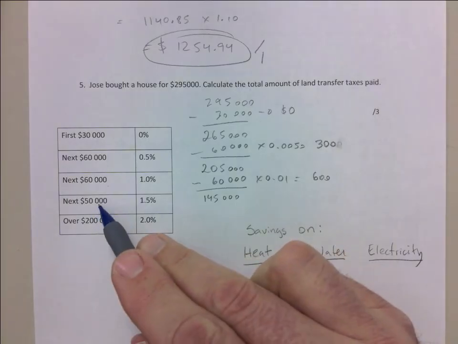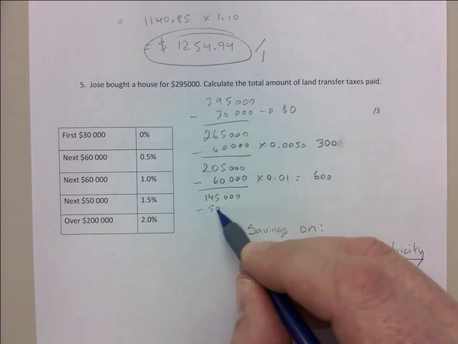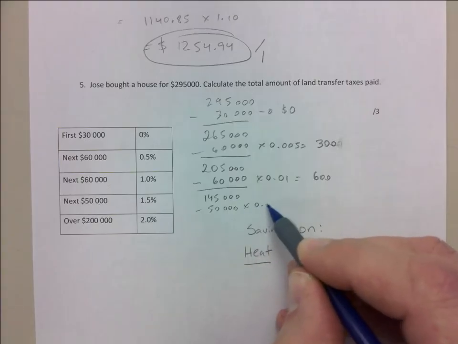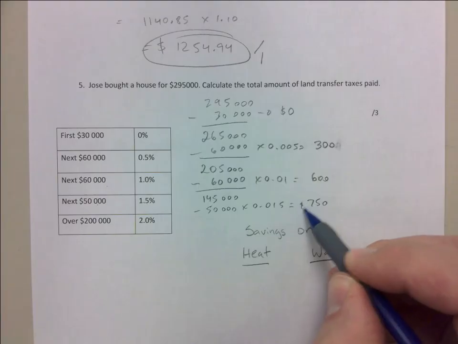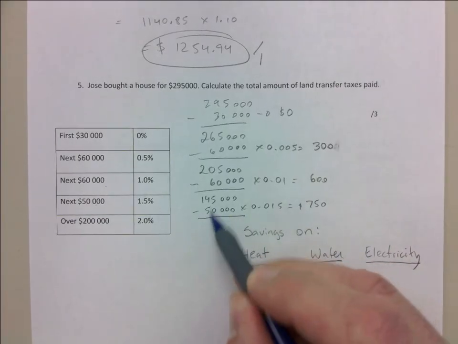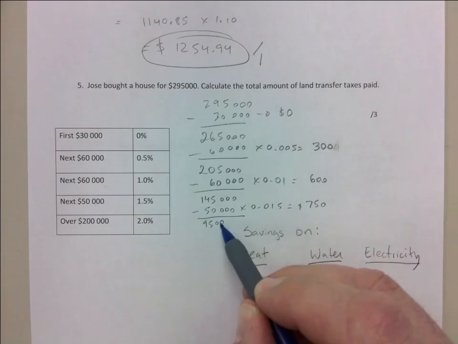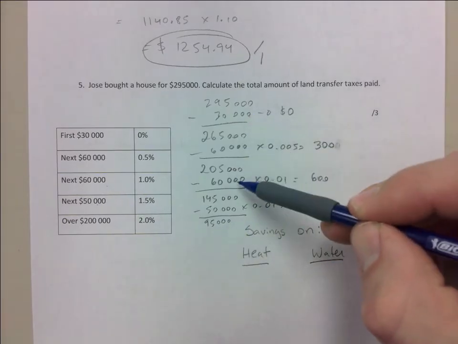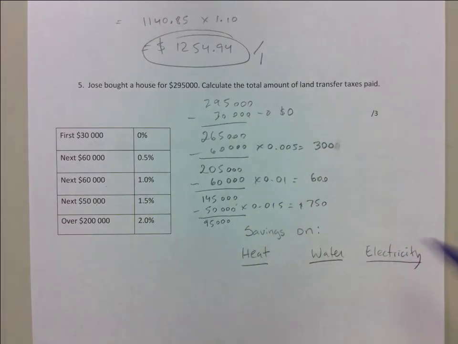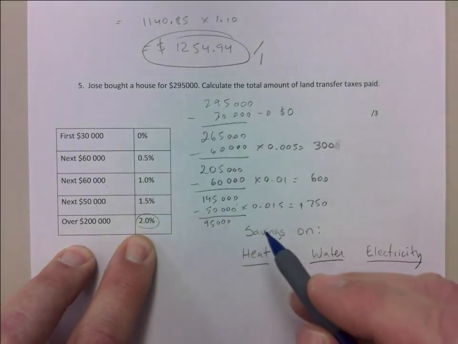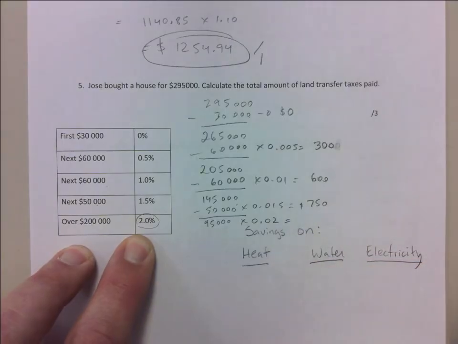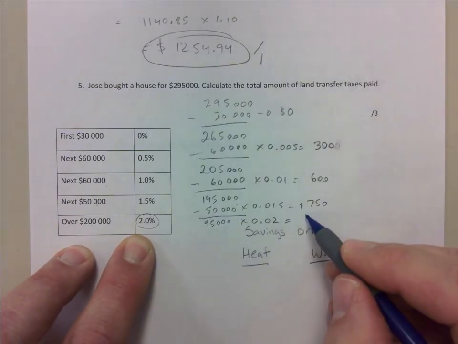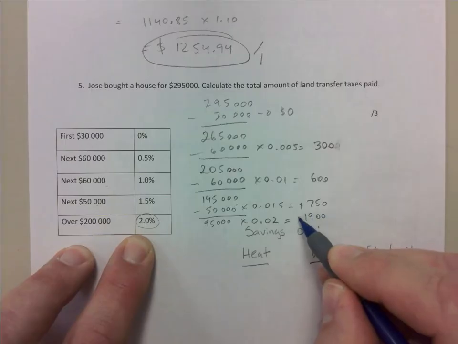I can subtract the next bracket, which is 50,000. I pay 1.5% on that. That's 750. You're left with 95,000. And once you've done the 4 subtractions, you can't go further. You're just going to tax everything a flat 2% rate. Okay, so 95,000 times 2 is $1,900.